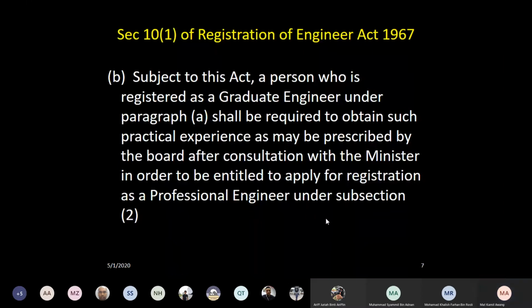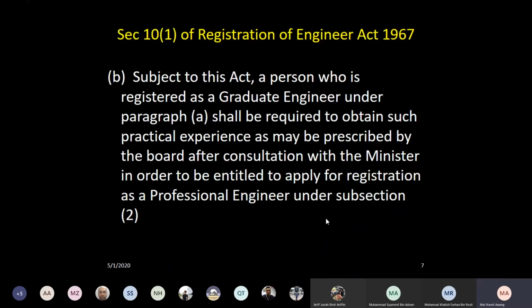So this act is very general. It says that after you have registered as a graduate engineer, you are required to obtain practical experience. This act does not tell you how many years. How many years you require is decided by the Board of Engineers.